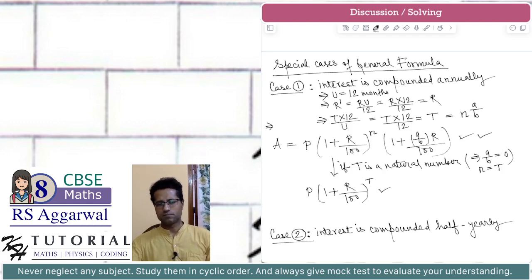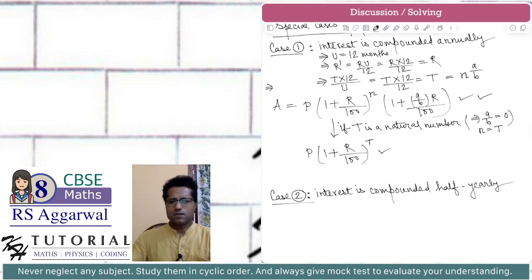In the book, it is given as a small n, where it is assumed that the period is in years. So this was one special case where the interest is compounded annually.